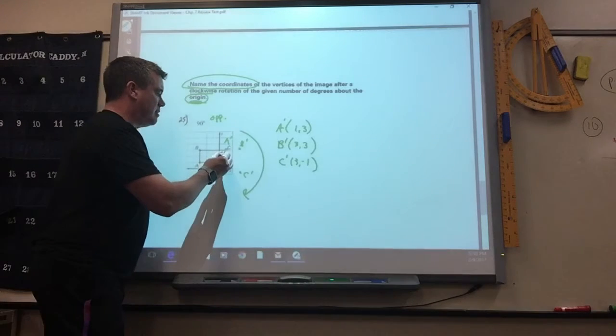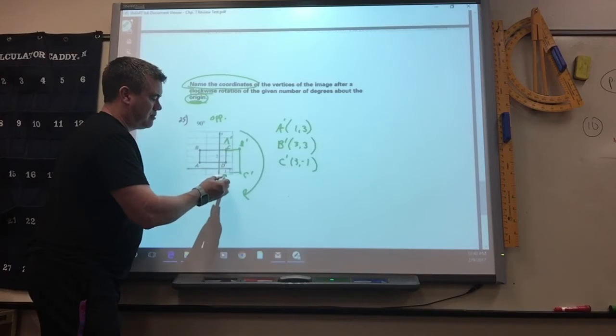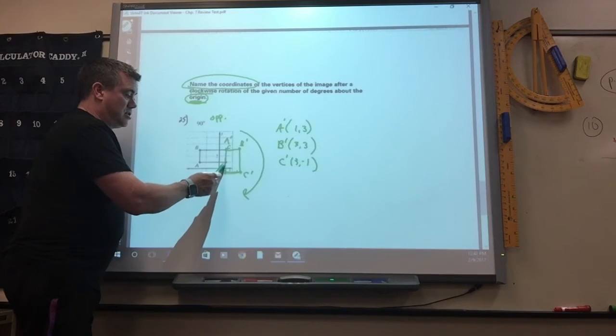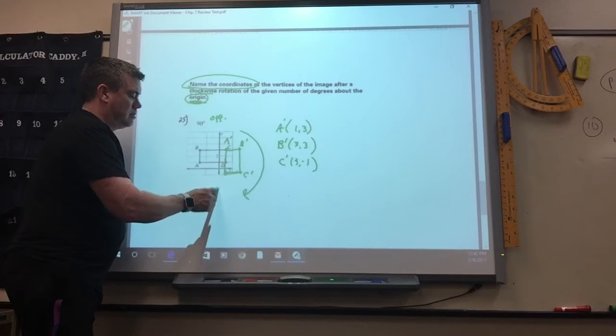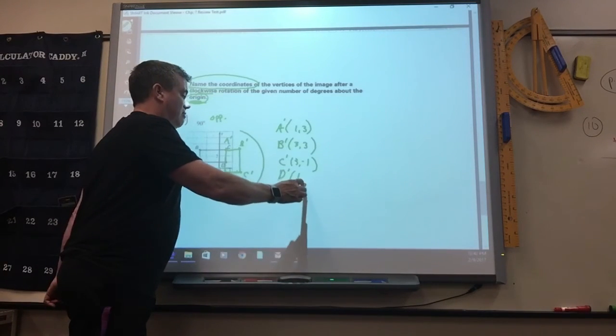Once you have that, you could draw it in and you would know where D goes, right? Yeah. It would have to go right there. And that one's hard to mess up too because it's over 1, down 1. They're the same number, so you'd go down 1, over 1. So that one is 1 over, 1 down.